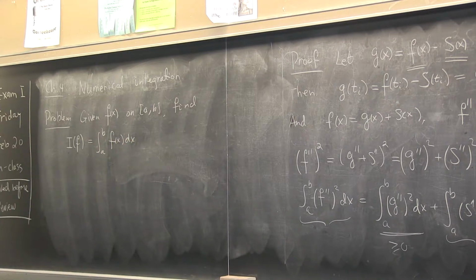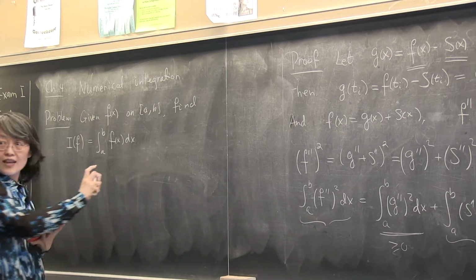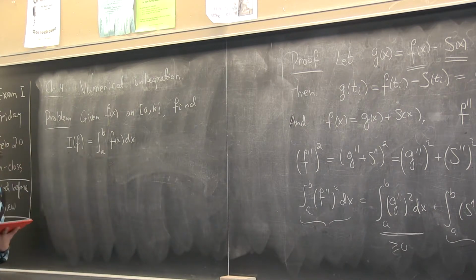Okay? So this f(x) might be nasty, so that it's very hard to work out the antiderivatives. We know from calculus finding antiderivatives is not always easy, right? Differentiating is somehow a bit easier. Okay? So we will not compute this exactly.